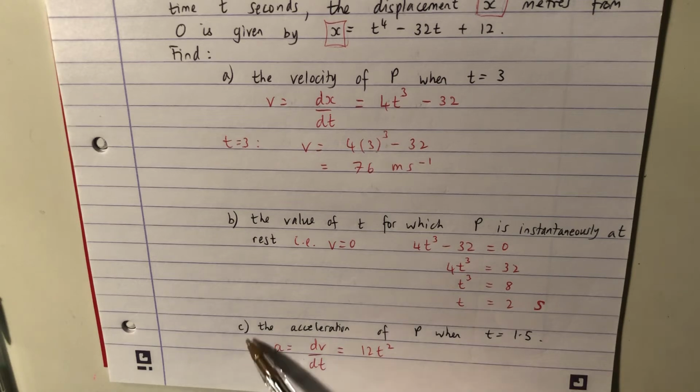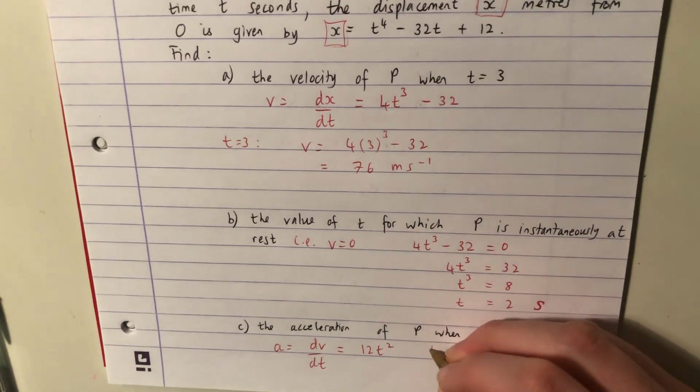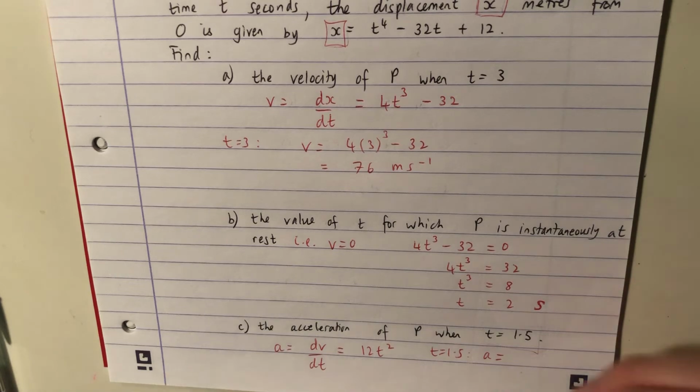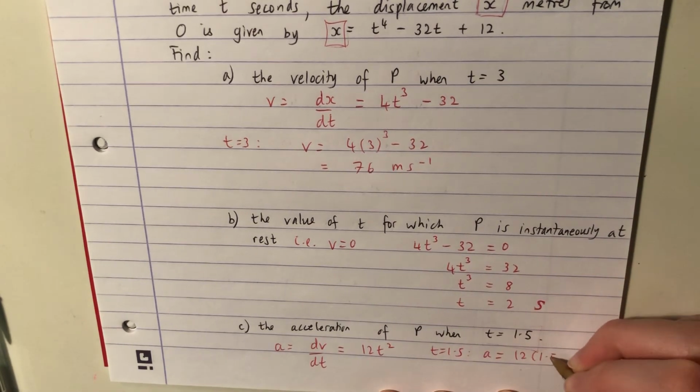And now this is the variable acceleration part. This changes depending on what values of t I substitute in. If I substitute 0 in, or 1 in, or 5 in, it gives me different values. That's the variable bit. I want when t is equal to 1.5. So when t is equal to 1.5, the acceleration is equal to 12 times 1.5 squared.